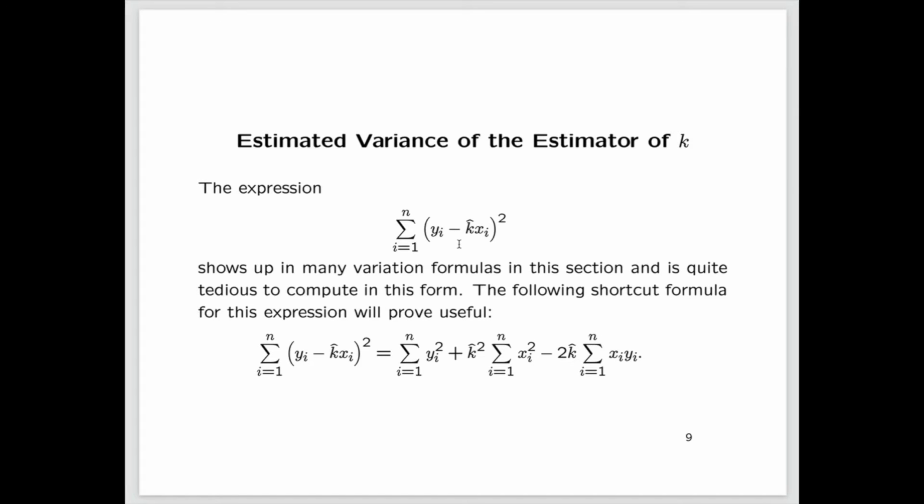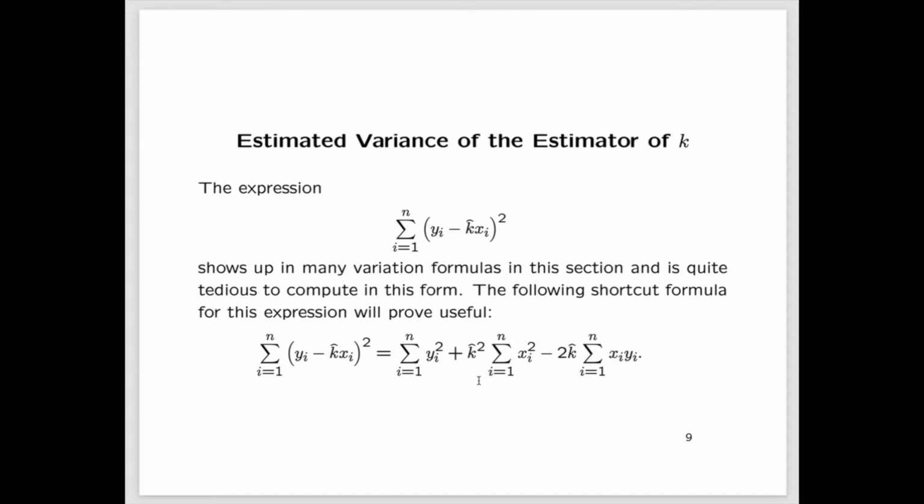And so we have a shortcut formula which tends to be a little bit easier to use because you've only got to calculate the quantities on the right hand side of this equality and then put them together in this way. So we add up the squared y values, we add up the squared x values, we add up the products of the x's and y's.